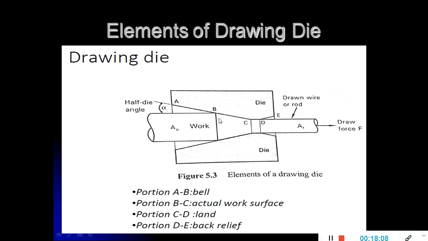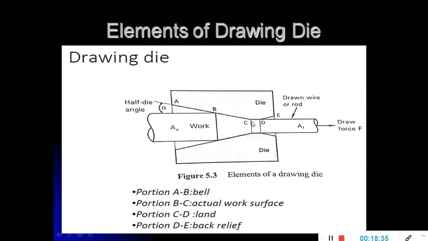This is the portion where the actual working takes place, and the actual diameter of the workpiece is reduced. The workpiece comes completely into contact with this surface BC, and due to the pulling force and the conical surface, the diameter of the workpiece is reduced considerably.